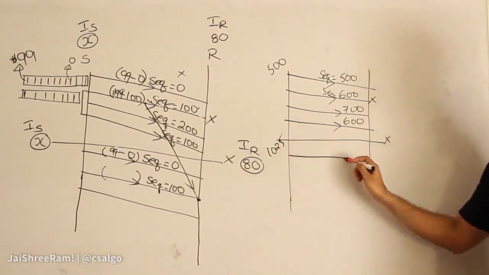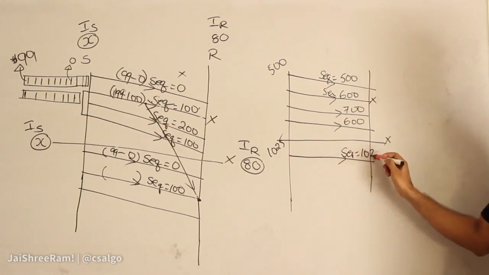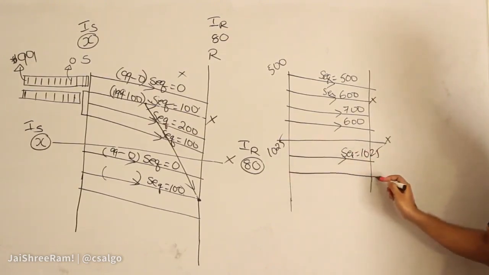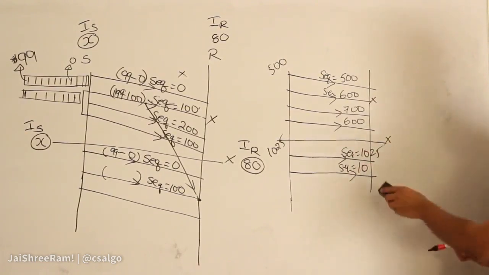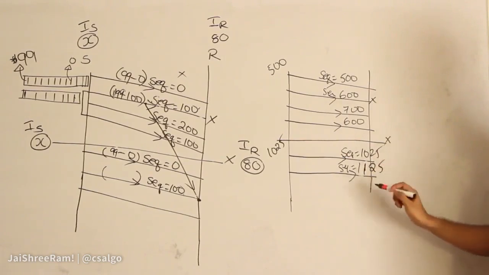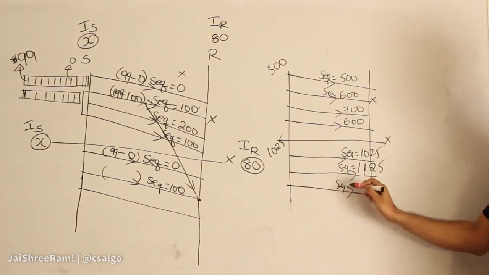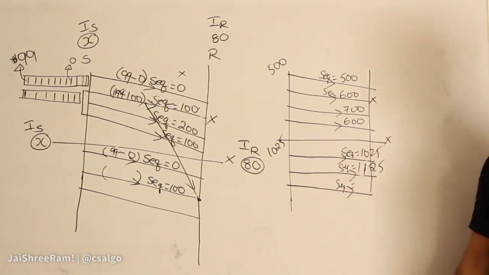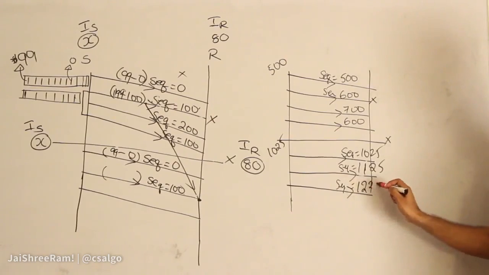Then what will be the sequence number of the first one? 1025. What about the sequence number of the second packet? 1125. And what about the sequence number of the third packet? If every packet contains 100 bytes, that is the assumption, the sequence number will be 1225.